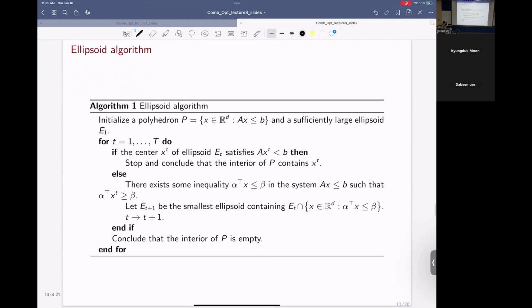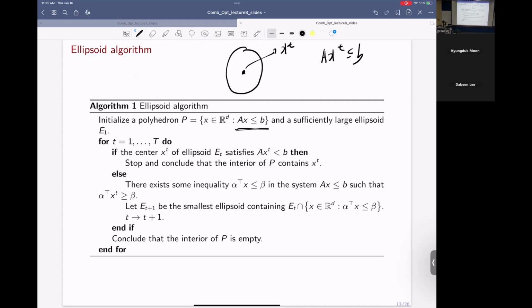We have this ellipsoid, and the ellipsoid is nicely designed so that I know the characterization of its center point. If this center point, let's say this is x_t, satisfies the linear system of inequalities, then I'm good. This is a feasible solution.